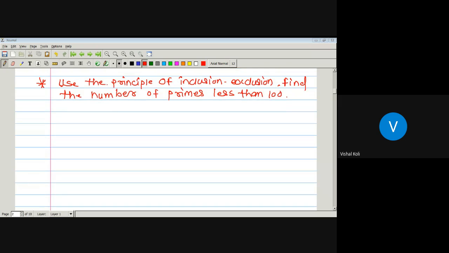But in number theory, we have seen one result, that a composite integer is divisible by a prime not exceeding its square root. As here 100 is a composite integer, and we have to find out the number of primes less than 100.